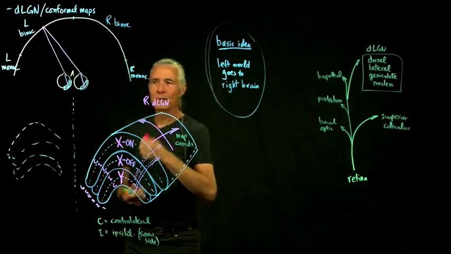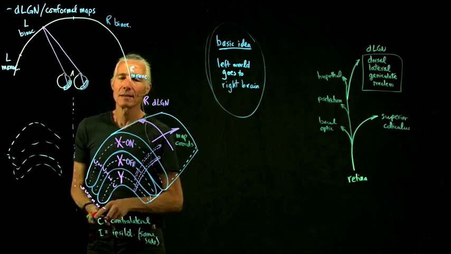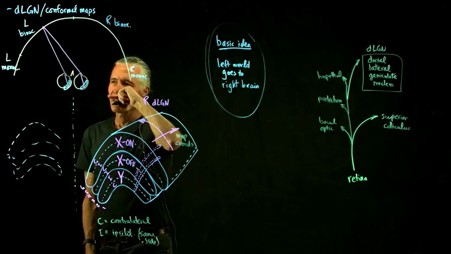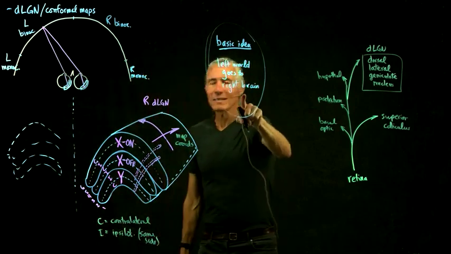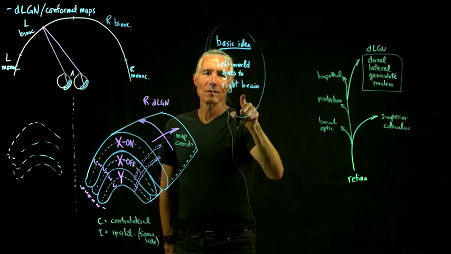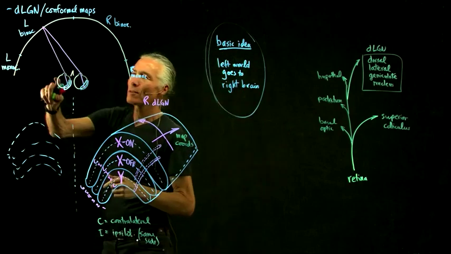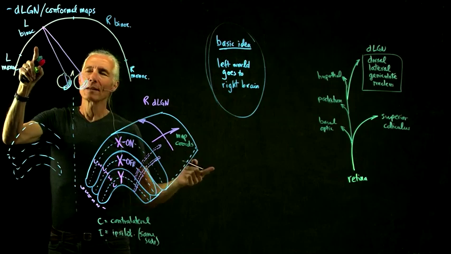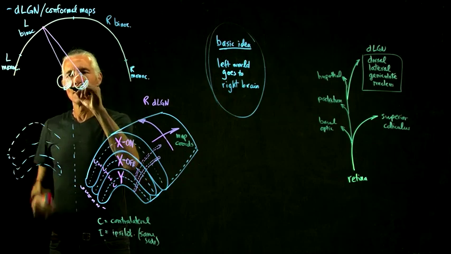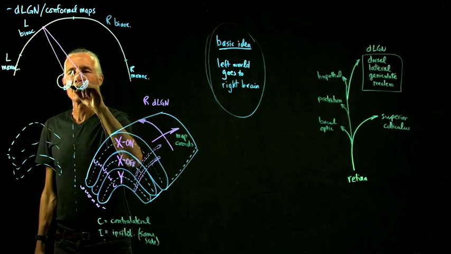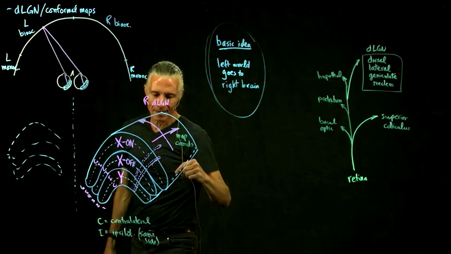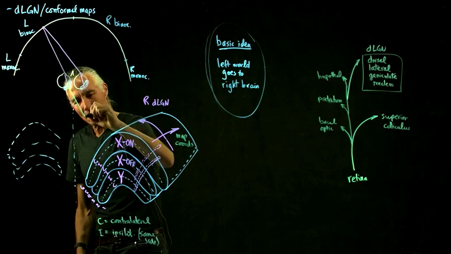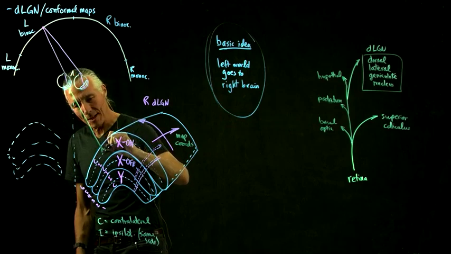And if you draw these basic connections here, you can see, if we go back to this very beginning basic idea, left world goes to right brain. So, left world, left eye is going to right brain. And so this guy, if we look at this contralateral connection, is going to project to the contralateral ones.